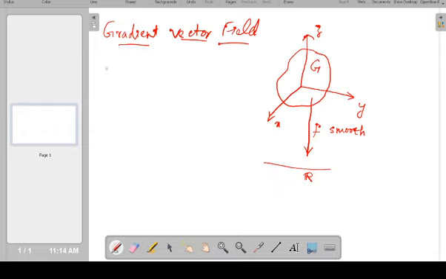Now associated to this function f, we define a vector field. It is denoted by del f. I think you have seen this.